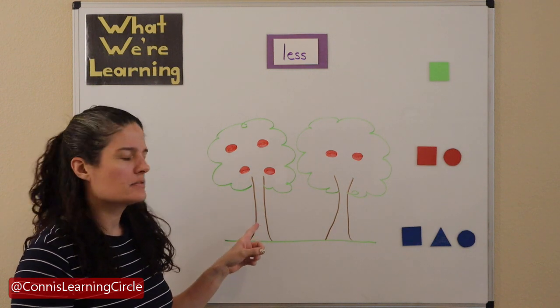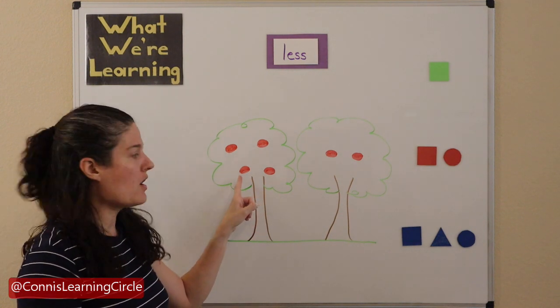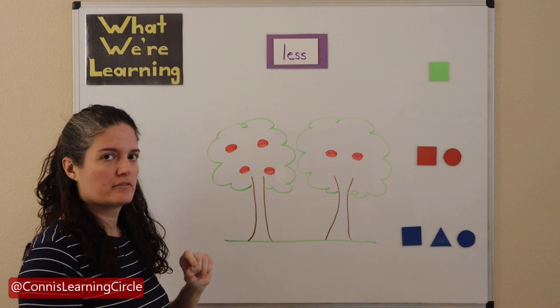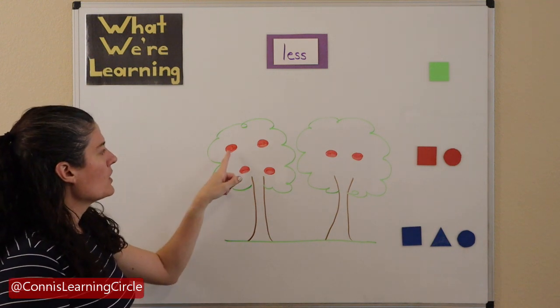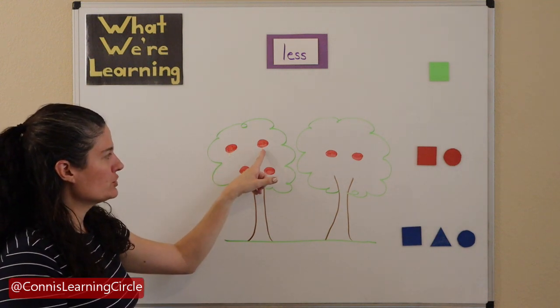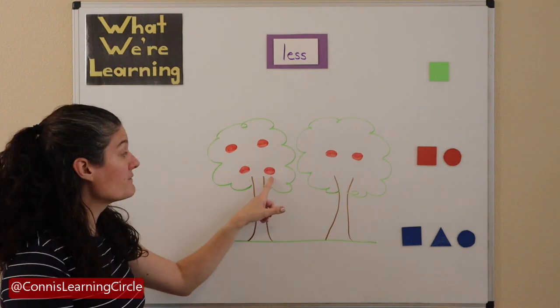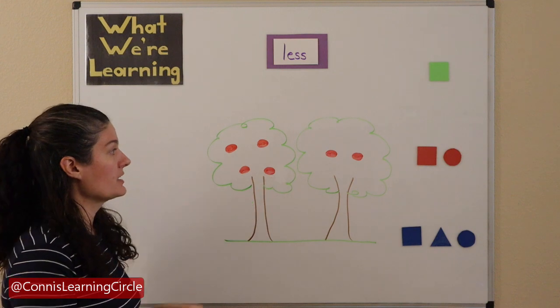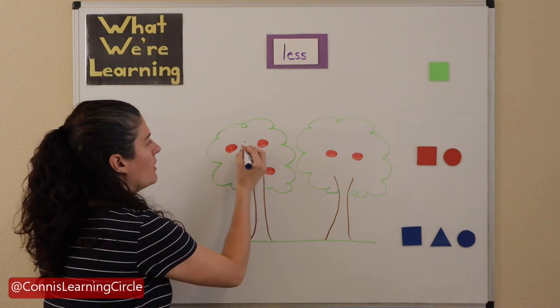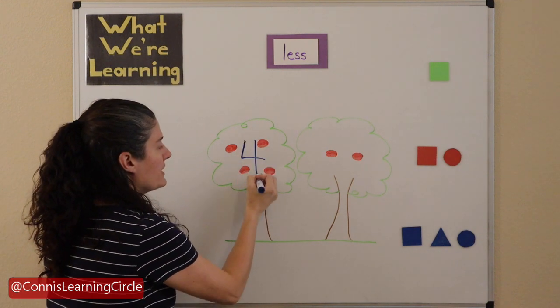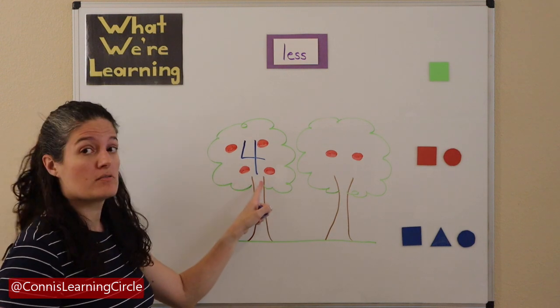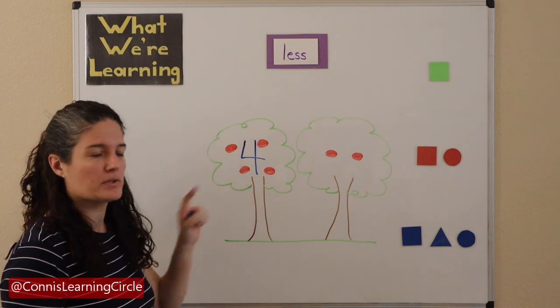Can you help me count how many apples we have on our first tree over here? Here we go. 1, 2, 3, 4. We have 4 apples on this tree. So I'm going to draw our number 4 right here on our tree, so we know that, hey, we have 4 apples on this tree.